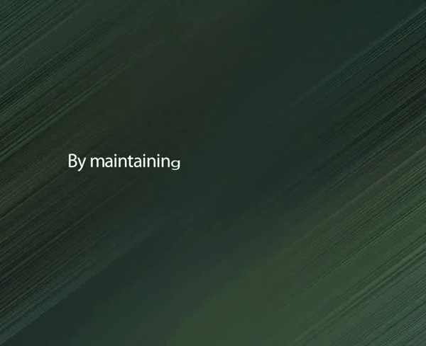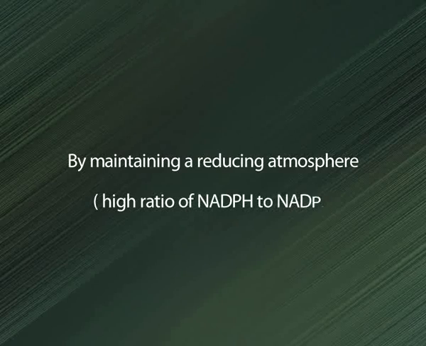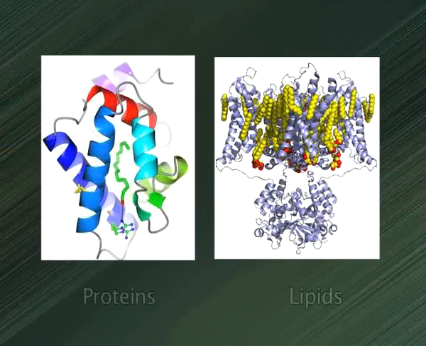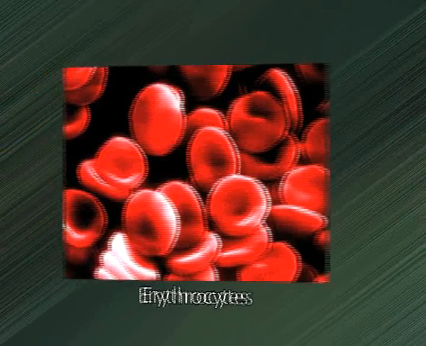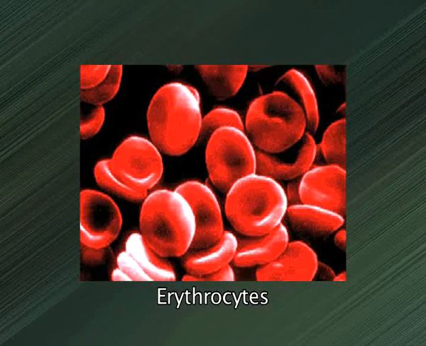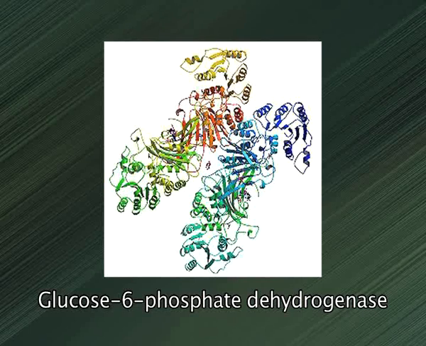By maintaining a reducing atmosphere, that is, a high ratio of NADPH to NADP, they can prevent oxidative damage to proteins, lipids and other sensitive molecules. In erythrocytes, the NADPH provided by the pentose phosphate pathway is so important in preventing oxidative damage that a genetic defect in glucose 6-phosphate dehydrogenase, the first enzyme of the pathway, can have serious medical consequences.